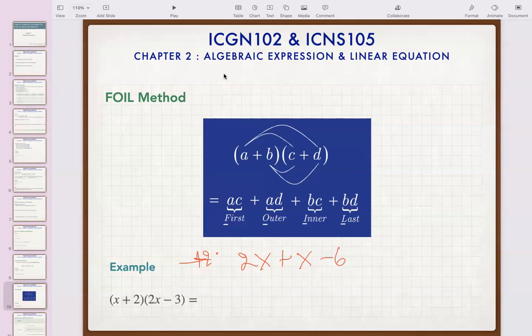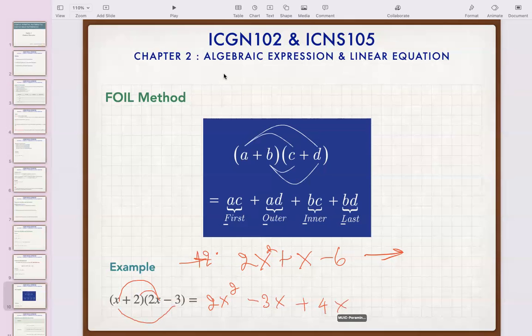So what do we get in here if we use the FOIL method? First, you get 2x squared. Outer, minus 3x. Inner, plus 4x.